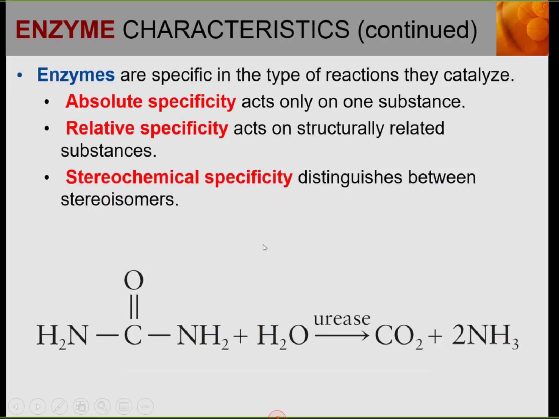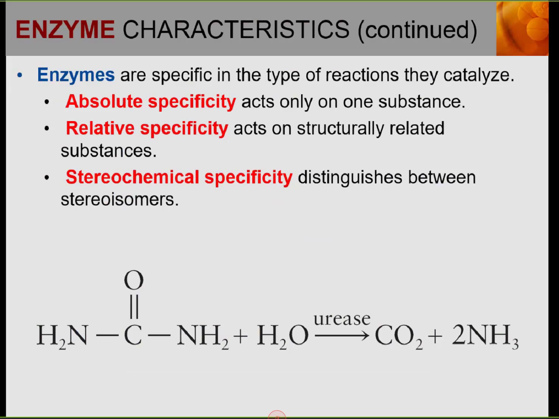Okay, all set. So some enzymes have absolute specificity, like the one you see at the bottom of the screen. Urease catalyzes only the hydrolysis of urea. And an enzyme can have relative specificity, where it acts only on structurally related substances like lipase. Remember in the chapter on fats and oils, we said you can hydrolyze a fat or an oil with either an acid catalyst or an enzyme called lipase.